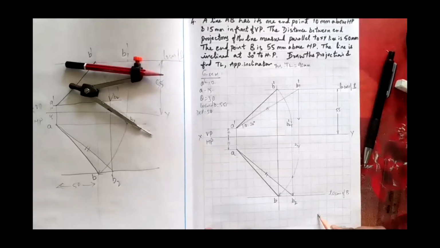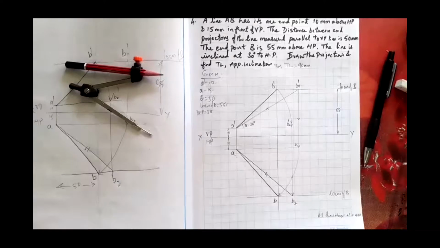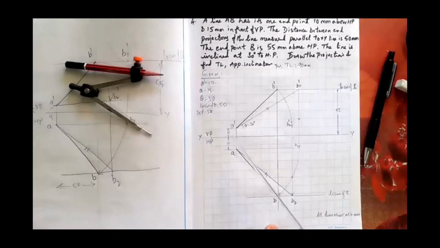All dimensions are in millimeter. Only millimeter. What are the things that were given in the problem? 55, 10 and 15 was given, and distance between end projectors was given.